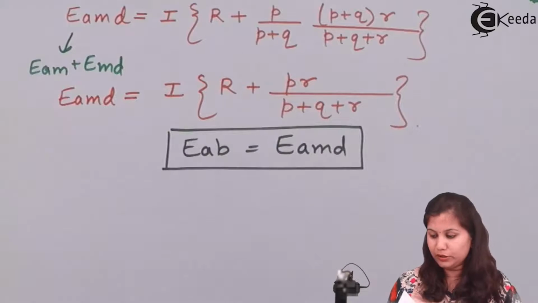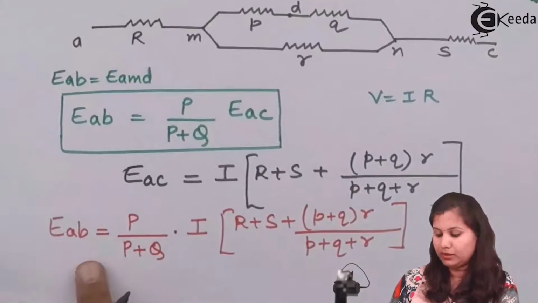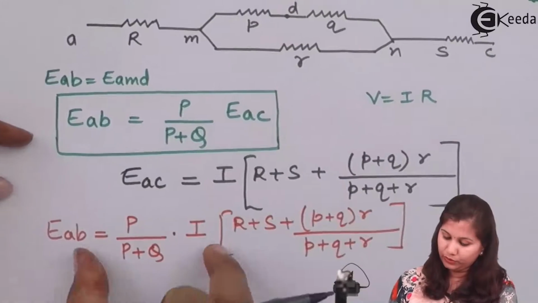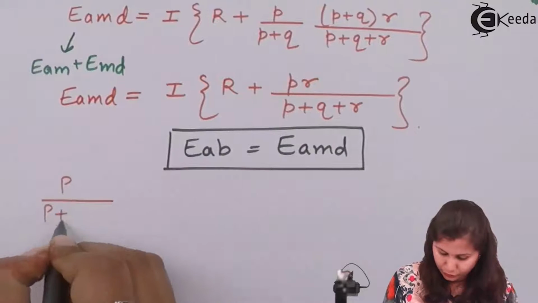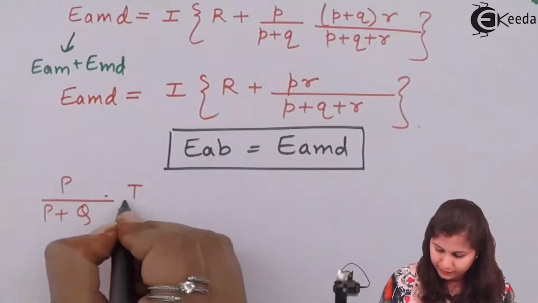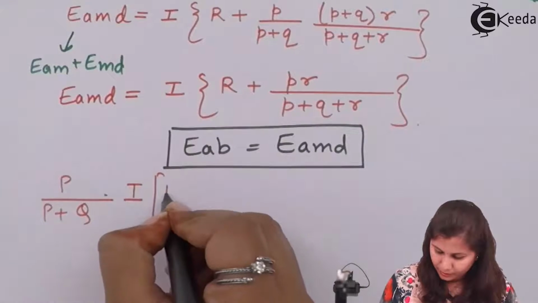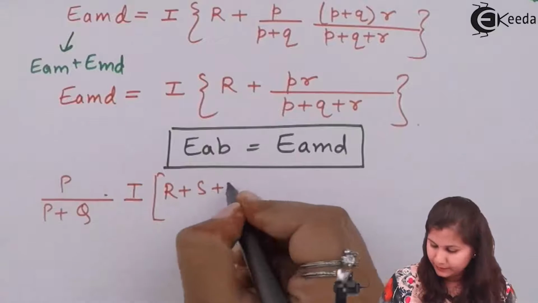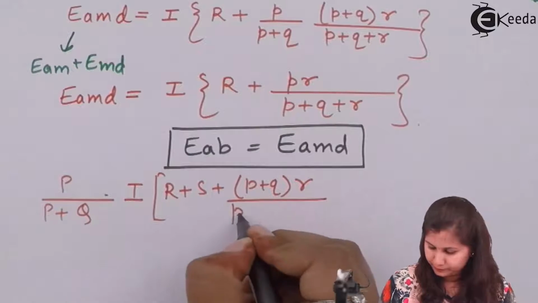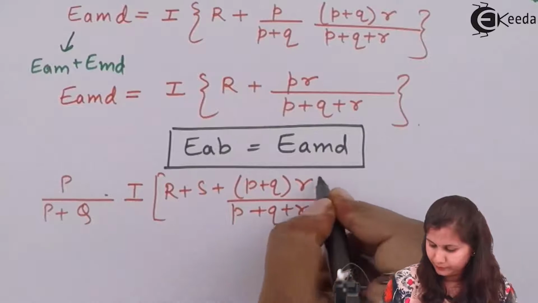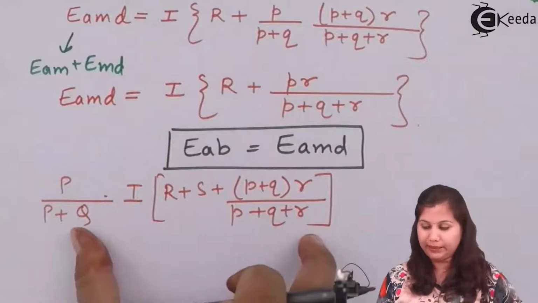E_AB is equal to, from this formula, we can get its value. We will write it here: P upon P plus Q into I times R plus S plus... this is the value of E_AB.